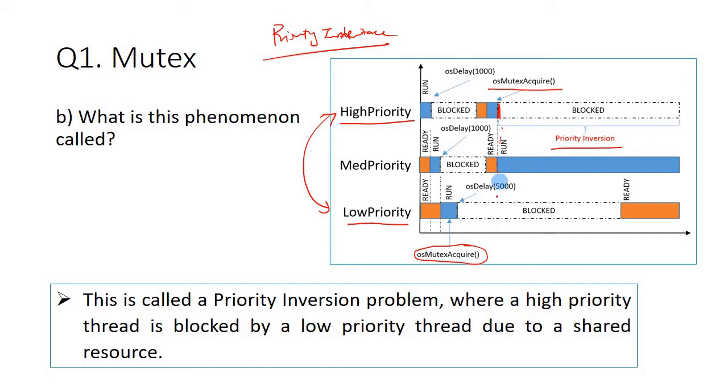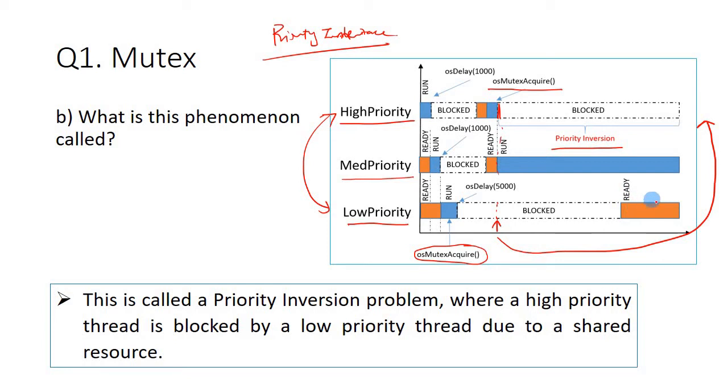So at this point of time, what would happen is the OS will come in, and at this point it will raise the priority of the low priority thread to be the same level as that of the high priority thread. Okay, and why that is important is because when the low priority thread eventually comes out of the block state, it will be able to preempt the medium priority thread and get a chance to run.